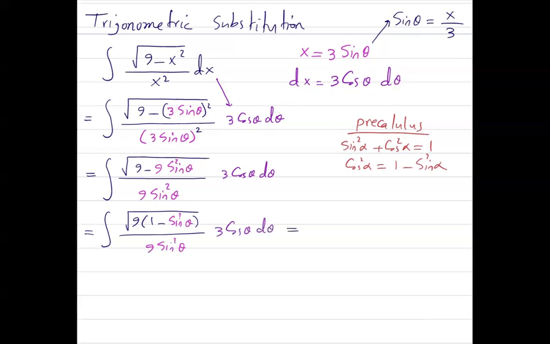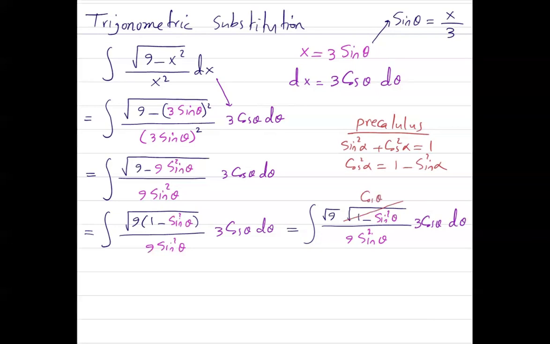This can be written as the integral of square root of 9 times square root of 1 minus sine squared theta divided by 9 times sine squared of theta, and then I have 3 cosine theta d theta. So this here is the square root of cosine squared of theta, or just cosine theta.